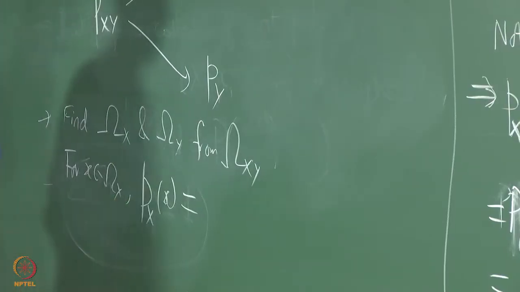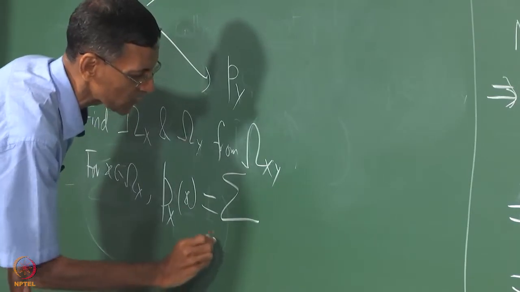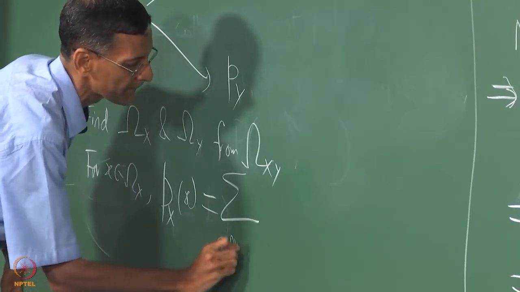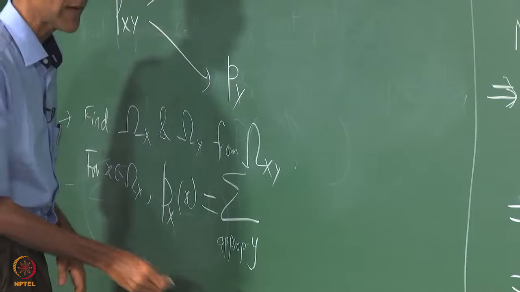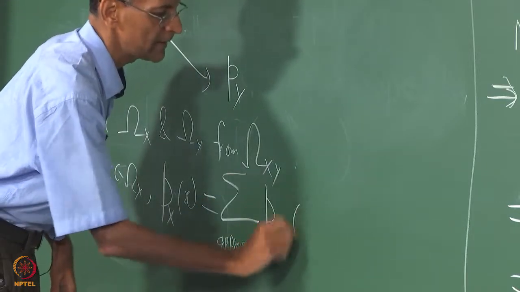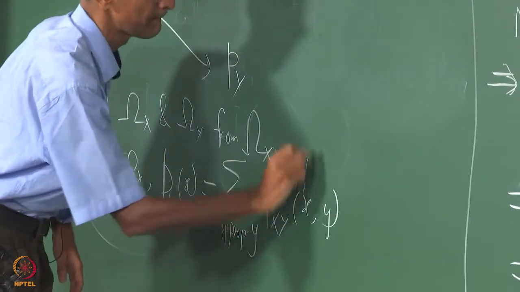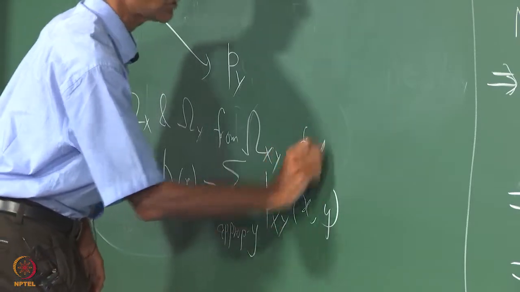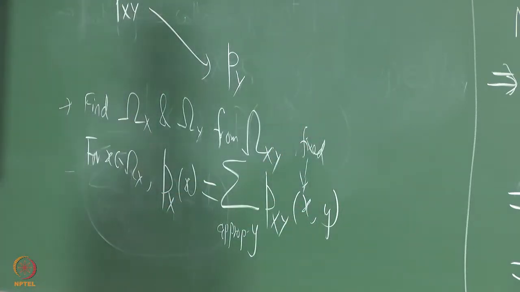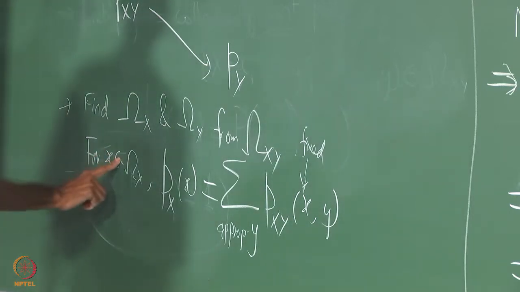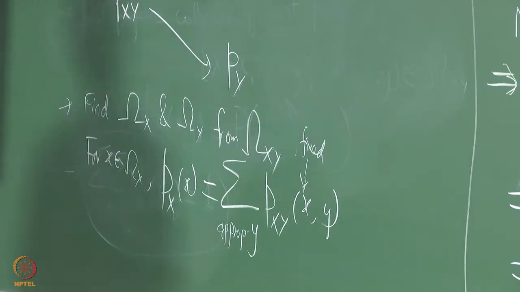Obtained by summation over appropriate values of y, Pxy. Here x is fixed. In this summation x is fixed, you are only taking the summation over y. And you are repeating this for all x in omega x.